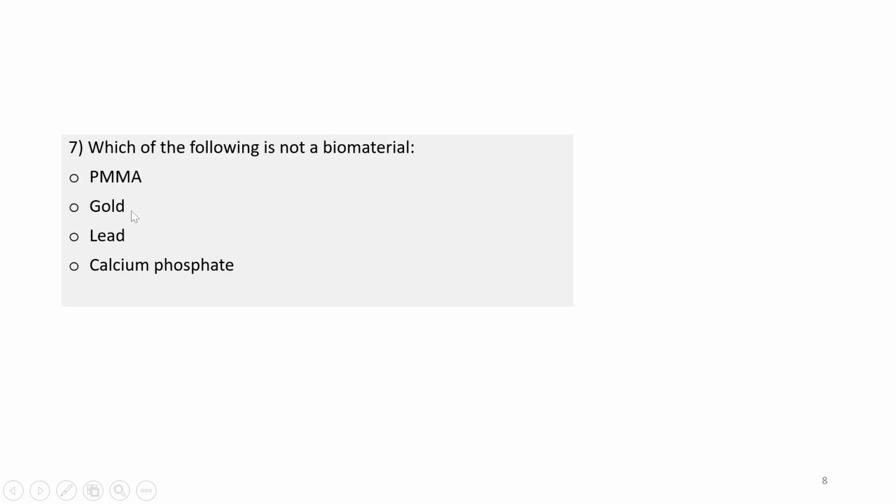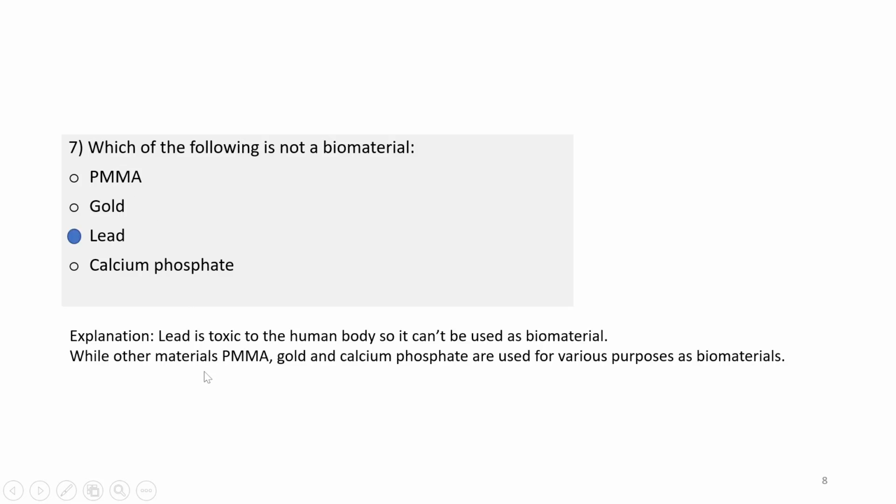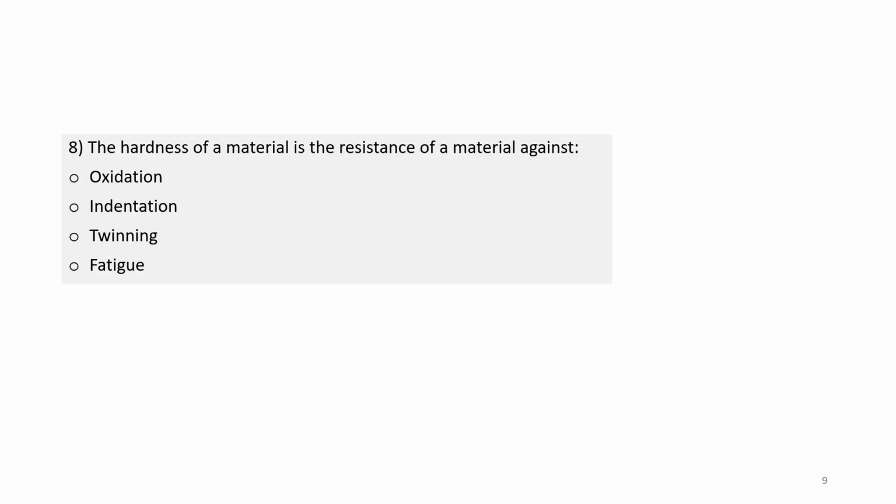Gold is used as dental implant. Calcium phosphate is also used as biomaterial, and PMMA is also used as biomaterial. Okay, so lead is toxic, while the other materials, polymethyl methacrylate, gold and calcium phosphate are used as biomaterials.